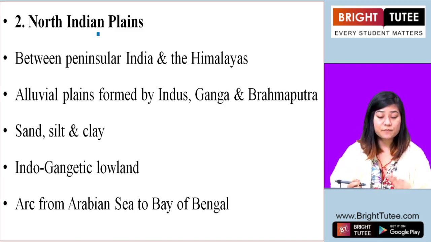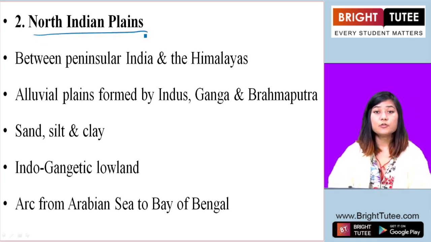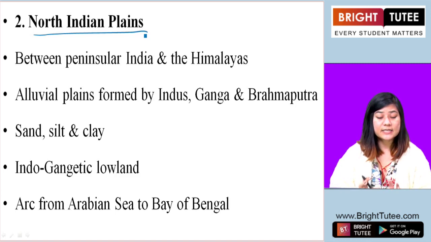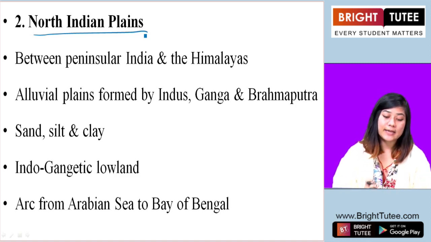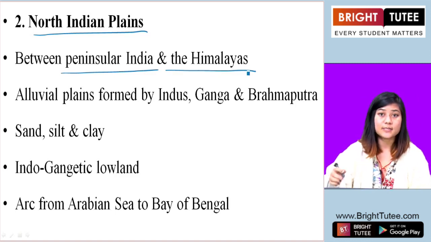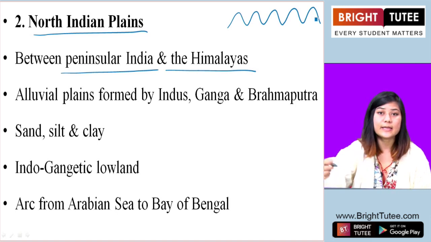Now the second physiographic division that we are going to look at is the North Indian plains. So we looked at the mountains. Now we will look at the plains. Now the North Indian plains lie between the peninsular India and the Himalayas. So basically the Himalayas lie in the north.